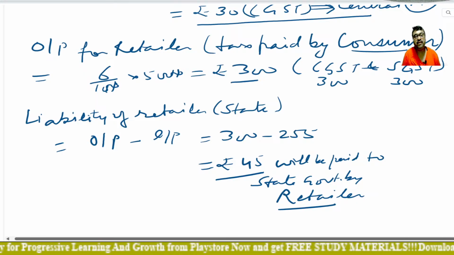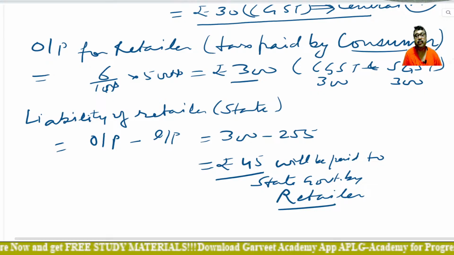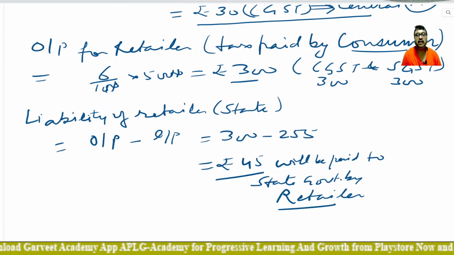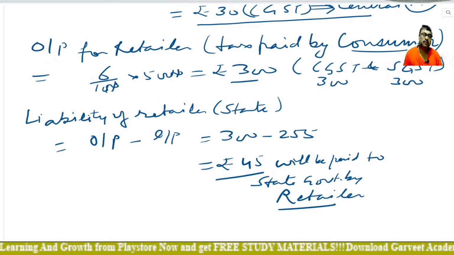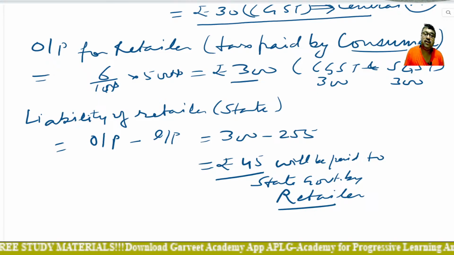No, no. The consumer is not paying to the state government or the central government. The consumer paid the tax of 300 to the retailer. And on behalf of the consumer, rupees 45 will be paid to the state government by the retailer.